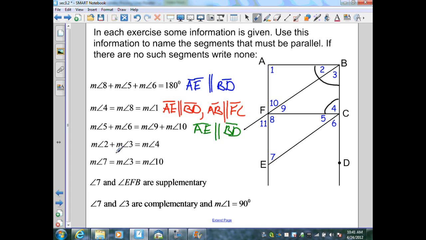They're saying that they are congruent. Therefore, each angle could be 60 degrees and 60 degrees. So this whole angle together could be 60. This whole angle together could be 60. That would give me 120 degrees, not supplementary. Therefore, I can't prove in every situation I could create same-side interior angles that are supplementary. So therefore, my answer is none.